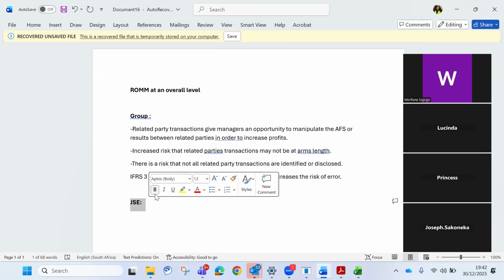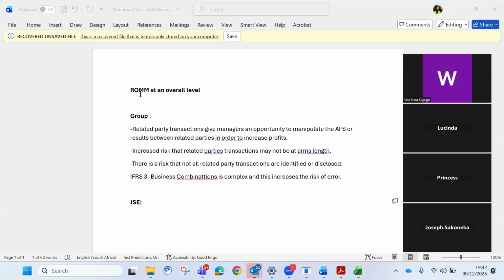So there is that part. The mere fact that you are listed on the JSE, there are many strict rules and regulations that you need to adhere to. So there's a risk that you are not complying with the JSE listing requirements, right?